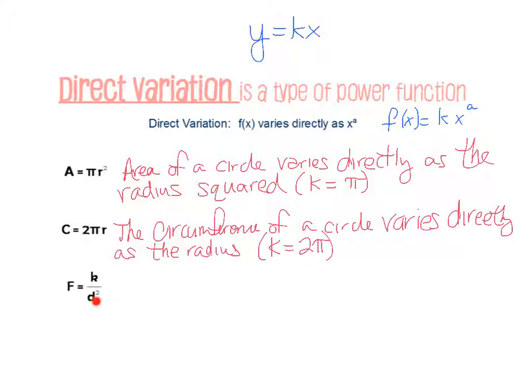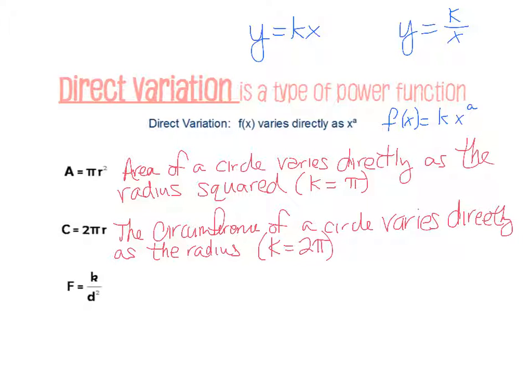That's different. That's not going to be a direct variation. That's actually called an inverse variation. Remember I said up here that this was direct variation. This is the one, if you'll recall, that is inverse variation, k over x. If your variable is in the denominator, it's inverse variation.